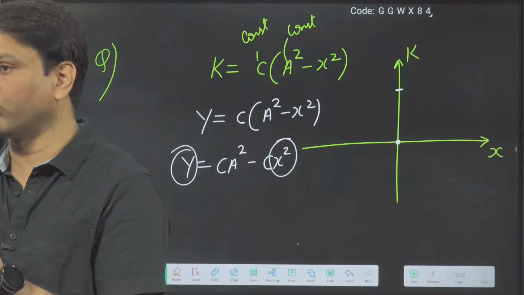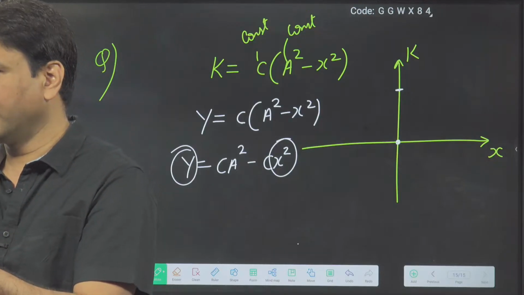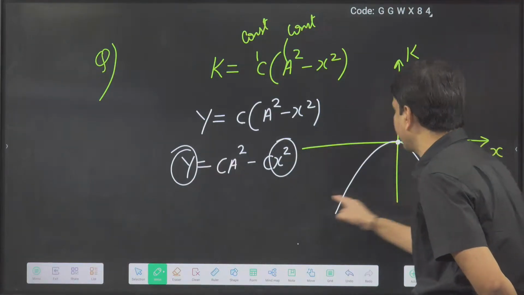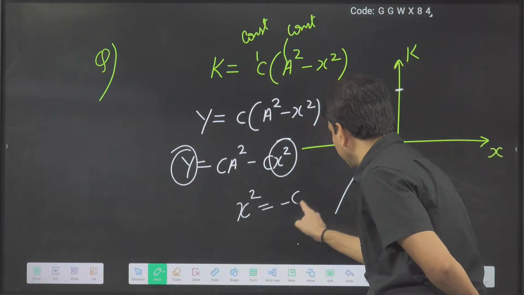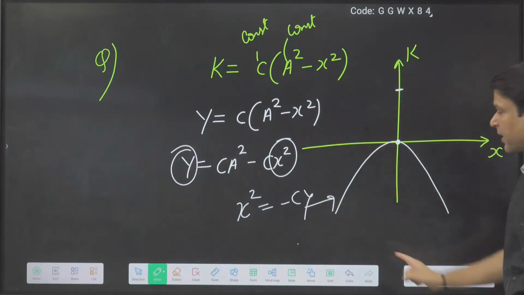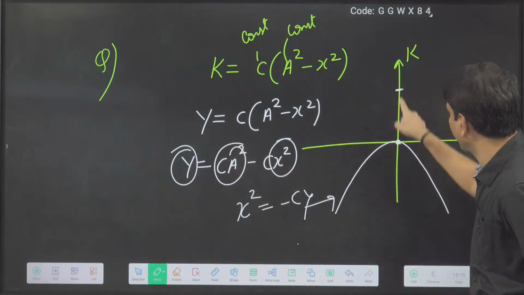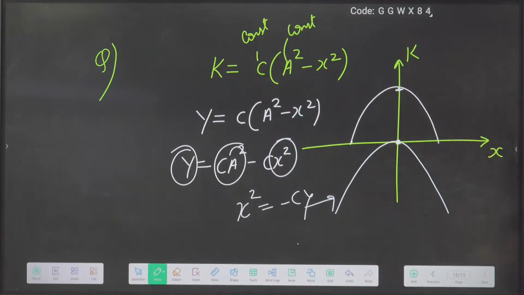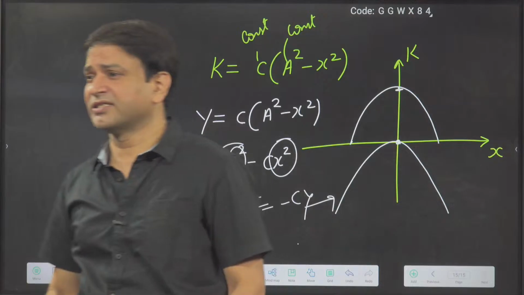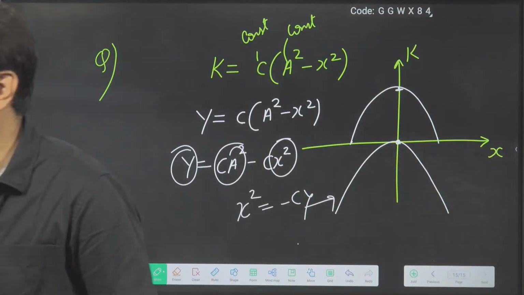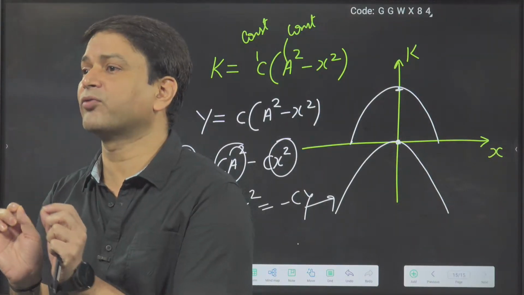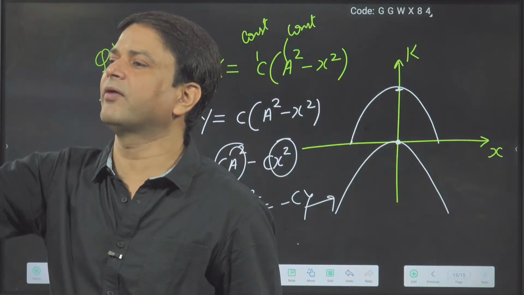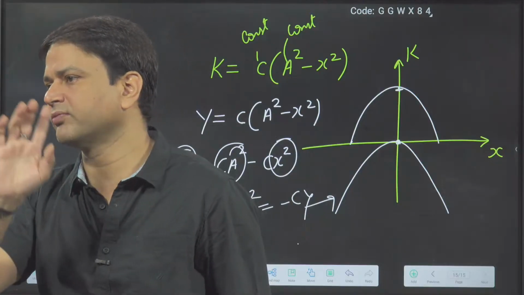So downward shape we have to make. But it will not start from here. If equation is x square is equal to minus cy, then this is the parabola. But here one extra term is there. When x is equal to 0, y value is here. Only this graph you have to shift upward. So graph will be the same shape, we have to shift upward. Why? When x is equal to 0, y is not equal to 0, that's why graph will not be made from the origin. When x is equal to 0, what is the value of y? Ca square. So we will shift the graph upward. How much? Ca square. Now this will be the parabola.